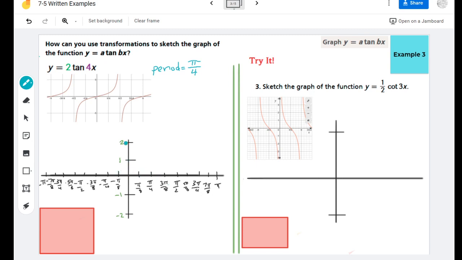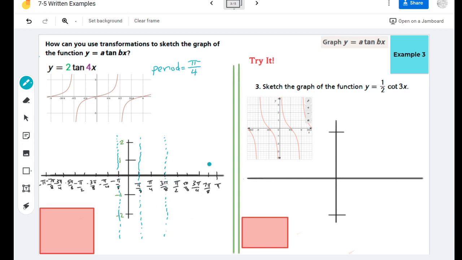So if I'm centering 2 tick marks worth of stuff here, I know I'm going at pi over 8 and negative pi over 8. So there is going to be my first swoop. And so every 2 tick marks is pi over 4.